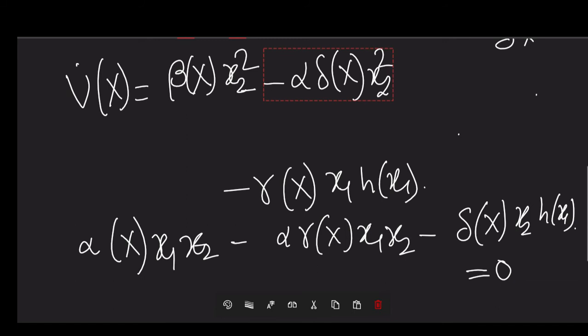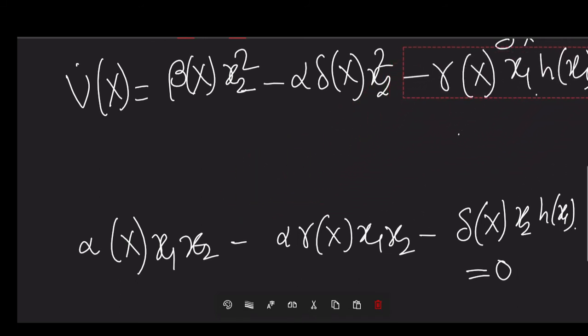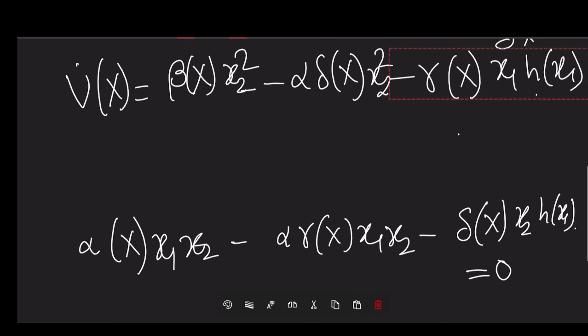Clearly these two are sign definite terms, and also as per my claim, for some value of x1, or even for the entire x1 range, this is also sign definite. Now what we can do here is a very simple thing.